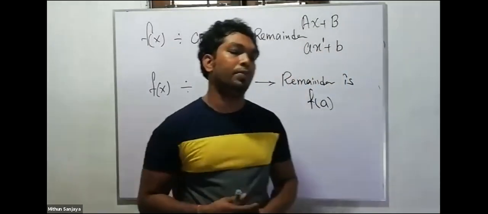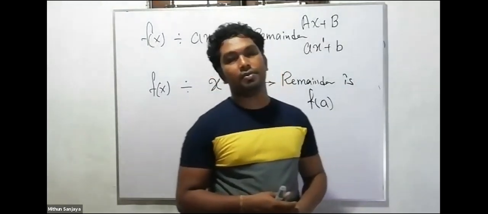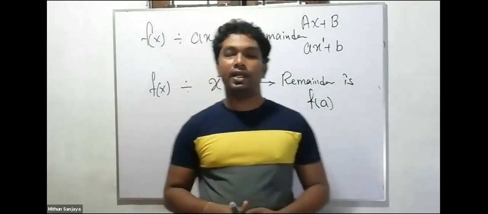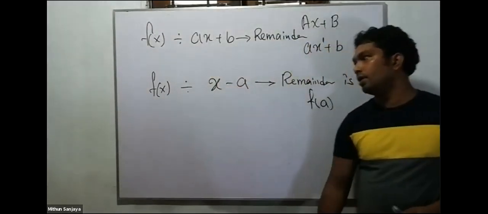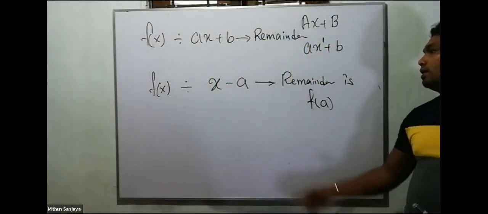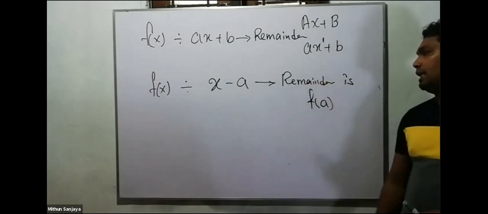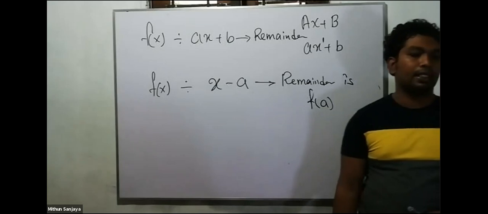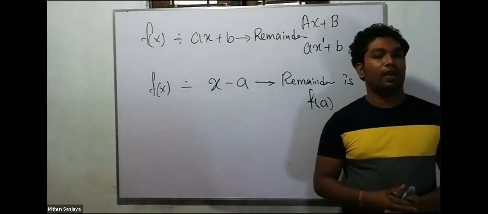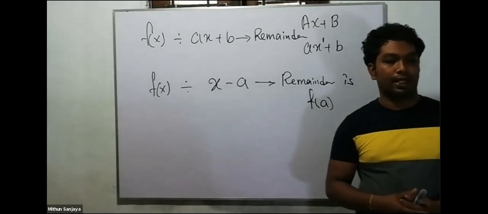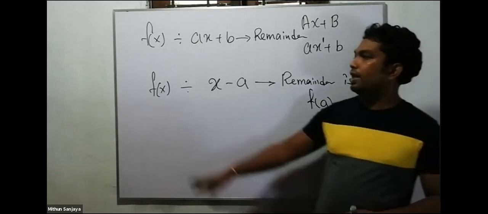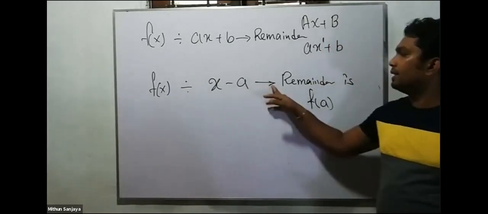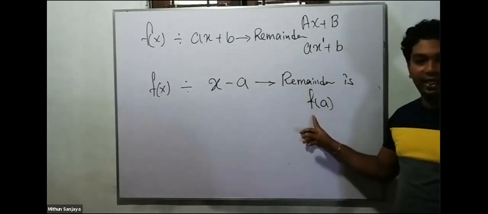If any polynomial function f(x) is divided by x minus a, then the remainder is f(a).